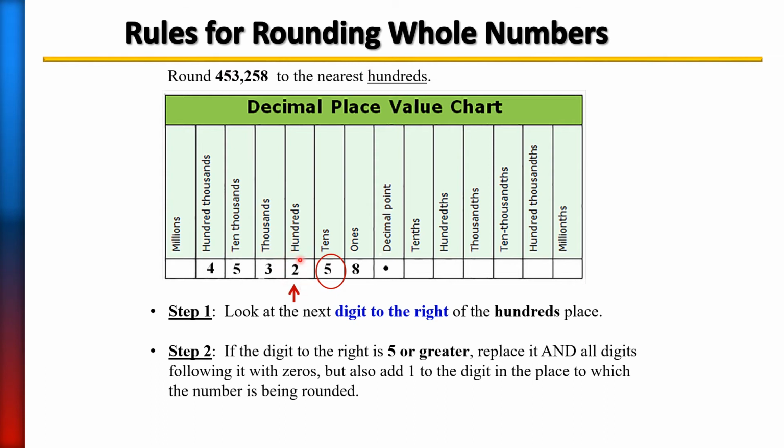So instead of being a 2, when we add 1 to it, it becomes a 3, and everything behind it is a 0. So the number rounds to 453,300.